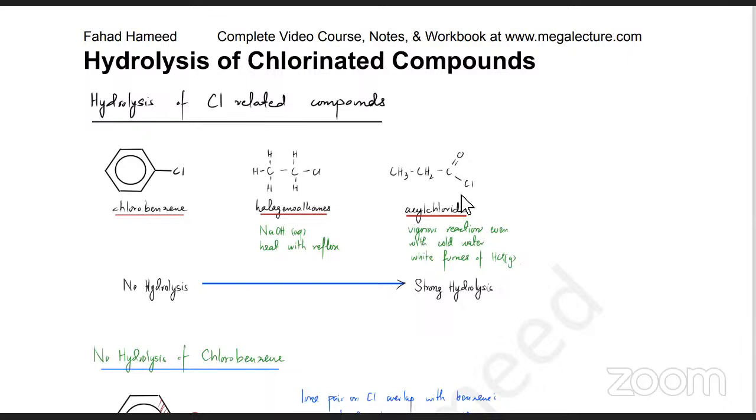Chlorobenzene has no hydrolysis. Halogenoalkanes have medium, moderate hydrolysis, you need aqueous NaOH and reflux. Acyl chlorides are a vigorous reaction, strong hydrolysis. It even reacts with cold water and forms fumes of HCl.